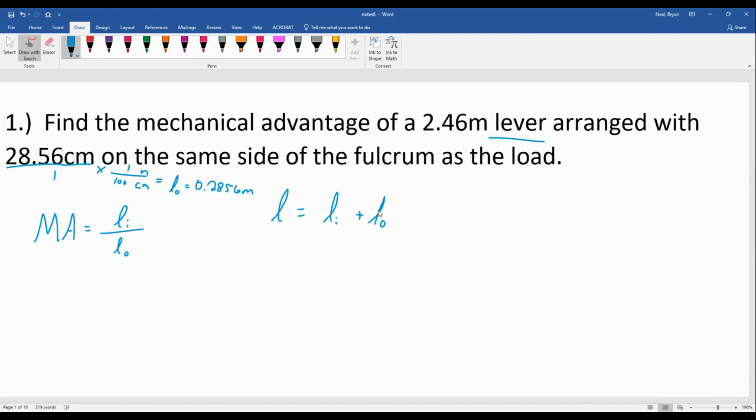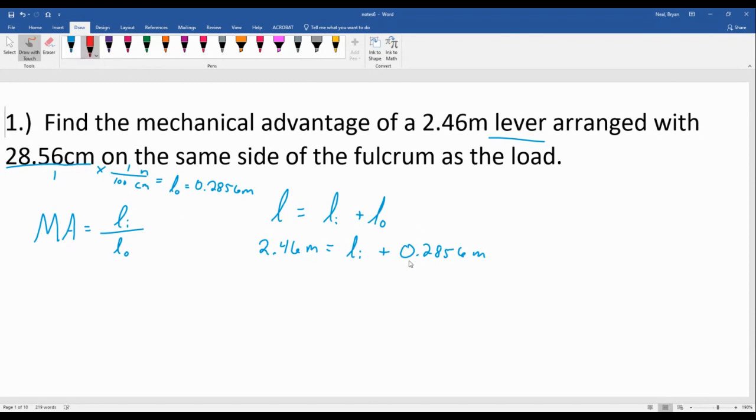Well, this formula we set up at the beginning, I hope, is a big clue. We know that the entire lever, the big stick being used as a lever, is 2.46 meters. I don't know how much of that is on the input side of the setup, but I do happen to know that 0.2856 meters of it is on the output side.